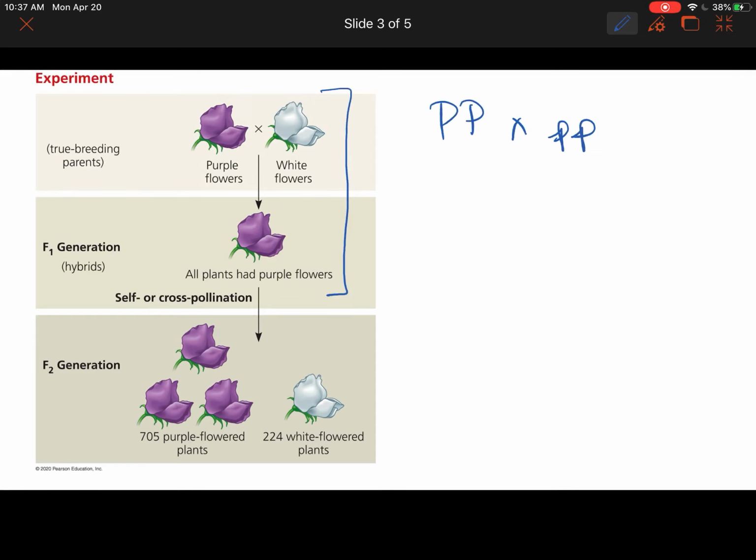Well, because he was crossing two true breeding plants, and each parent donates one allele to the offspring, all of the F1 generation had the same heterozygous genotype because the only allele they could get from the purple flowered plant was a dominant P. The only allele they could get from the homozygous recessive white parent was a recessive p.